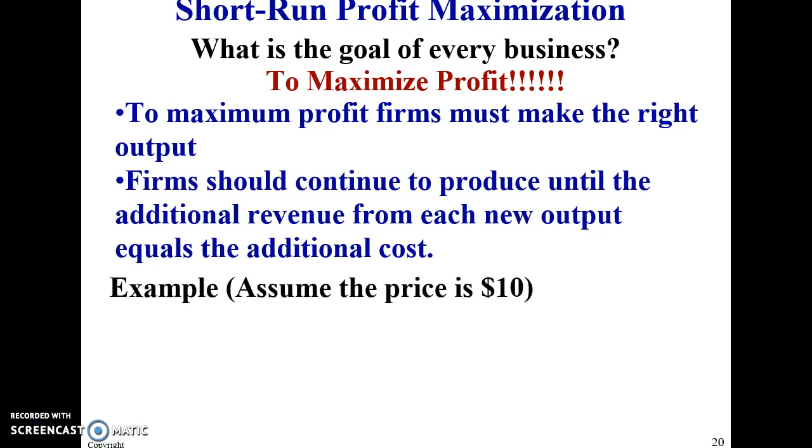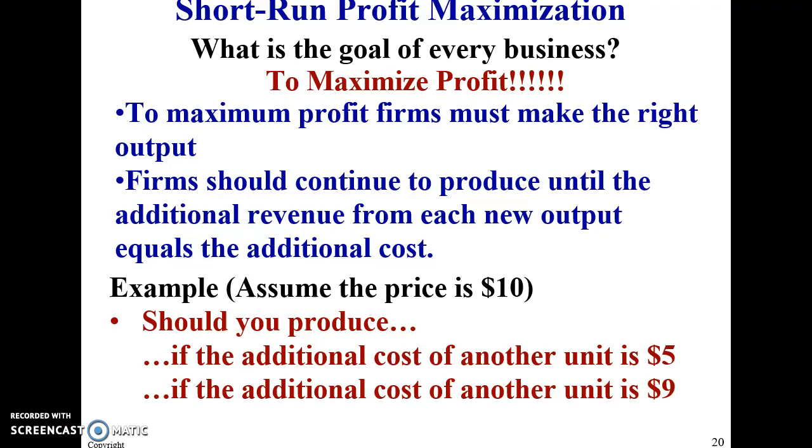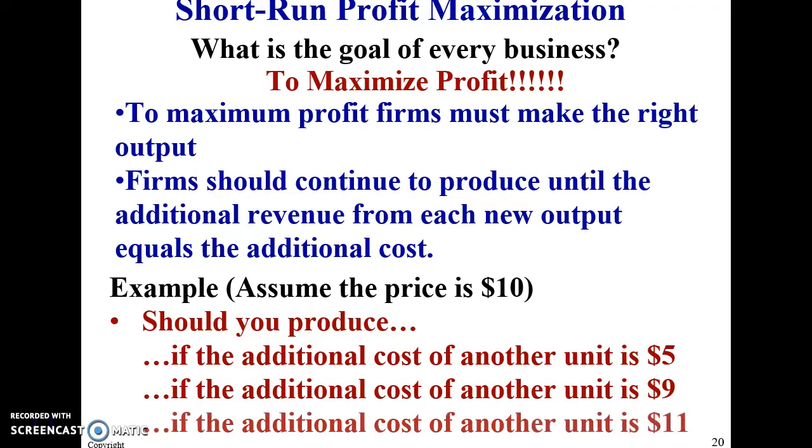And so if the price is 10, that means their marginal revenue is 10. Should you produce another unit if the additional cost is 5? If the additional cost is 9? And then if the additional cost is 11?